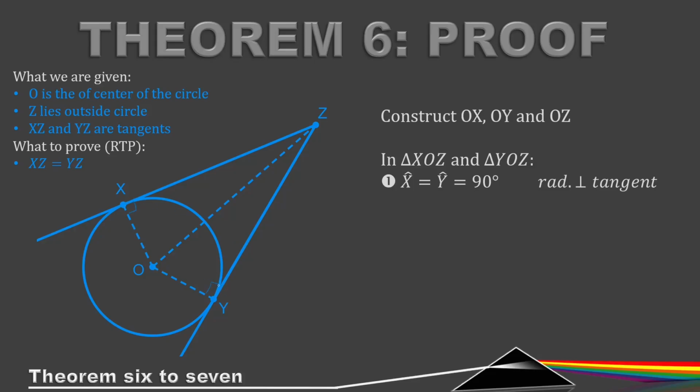That is a general case. So we know that these two angles are equal because the radius is perpendicular to the tangent.